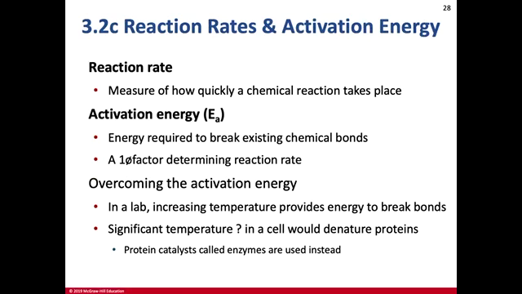The activation energy is what has to be overcome in order for the reaction to take place. In order to overcome the activation energy in a chemical reaction, we can increase the concentration of the reactants, or we can warm up the chemical reaction, or in the event that either one of those isn't going to work, we can add something called a catalyst, okay?